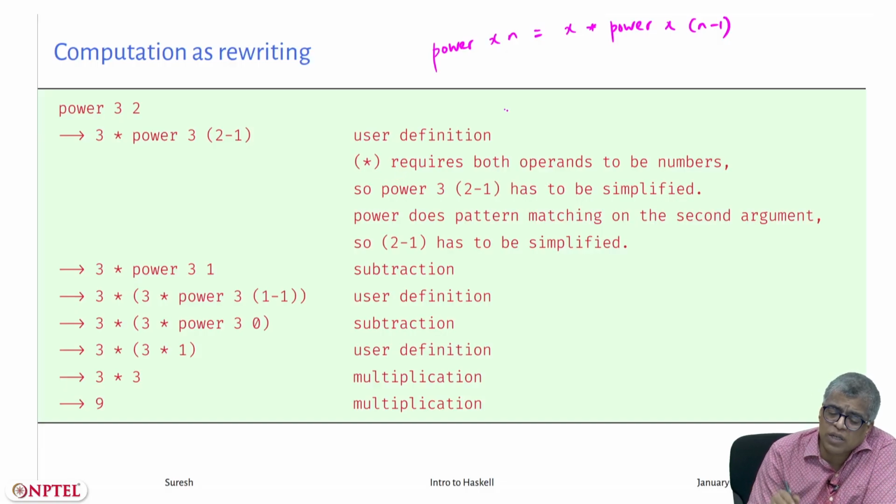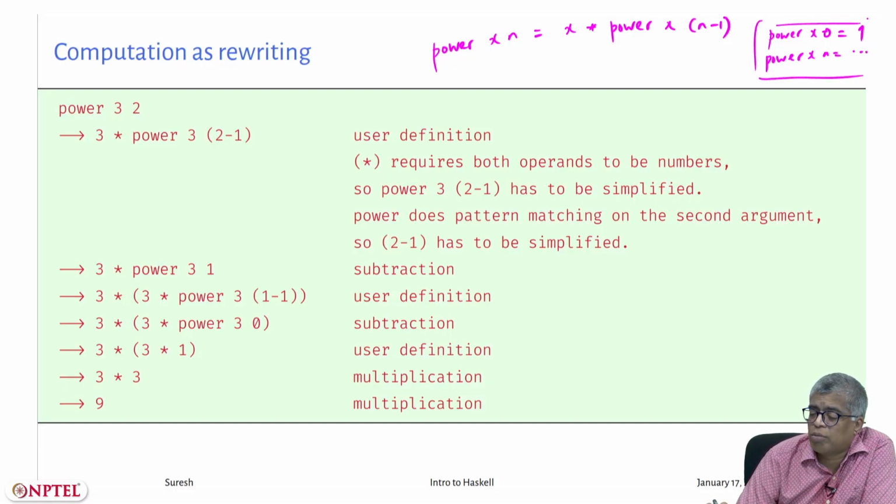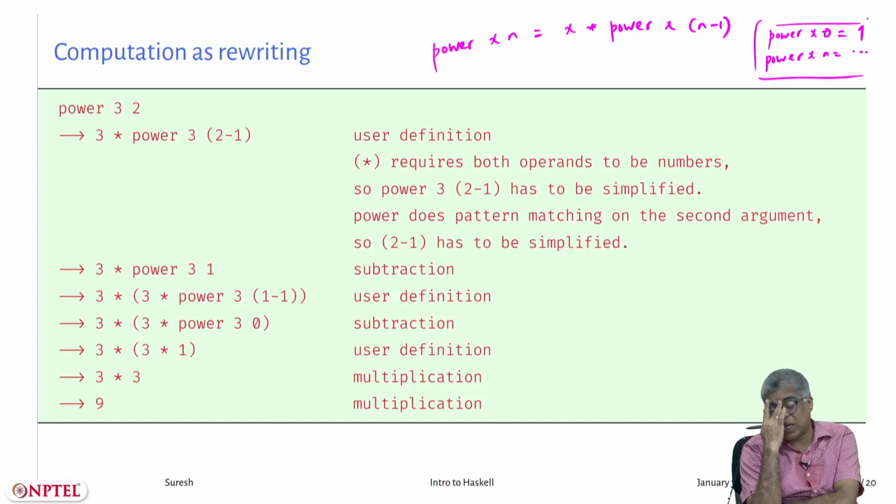But why does this happen at this point? Because first of all, the moment you say power 3 2, there are two definitions, right? Power x 0 equals 1, power x n equals dot dot dot. So the moment you say power 3 2, Haskell will check which of the definitions will apply.